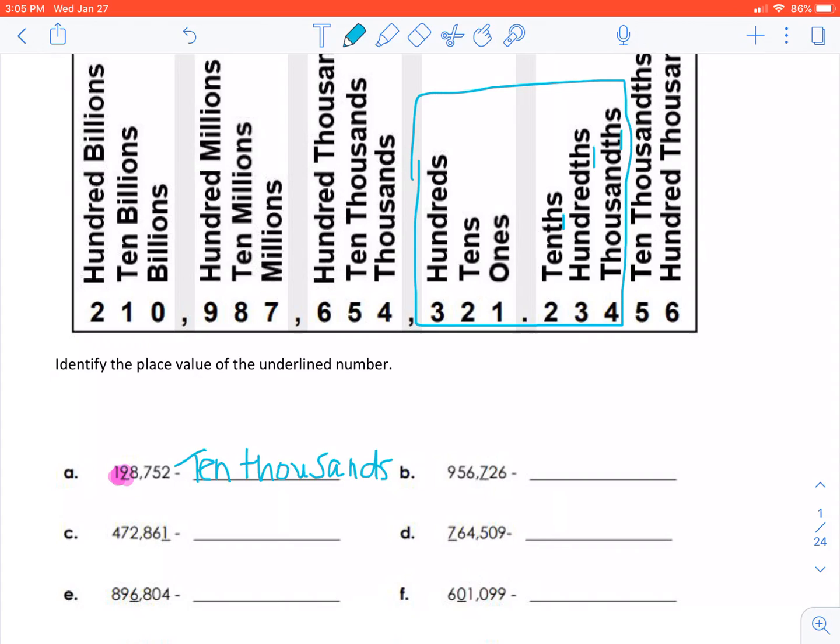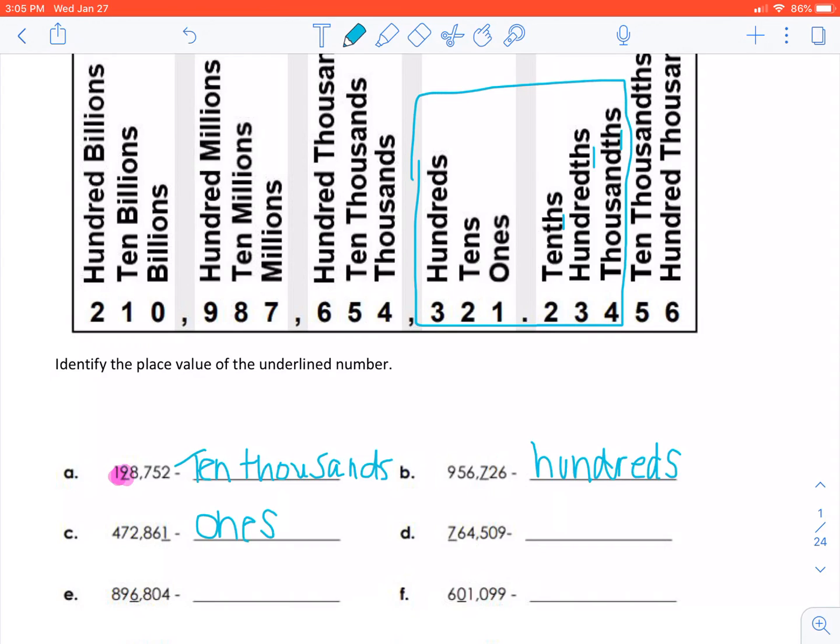Part B, the 7 is 3 from the decimal point, would be the hundredths. The very first number, that's your ones place value. We have the 1, 2, 3, 4, 5, 6 place values over.